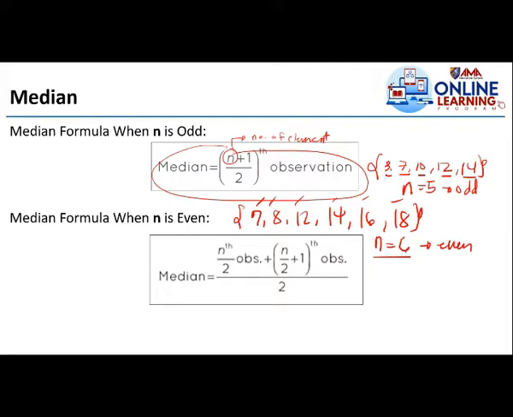If we substitute that here, we get the position of the middle number, or the median. Same here, we substitute the 5 here.